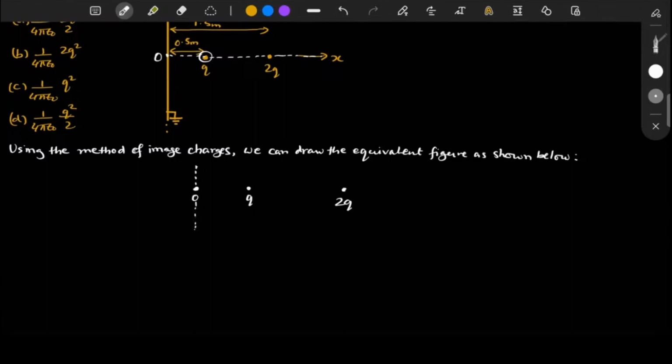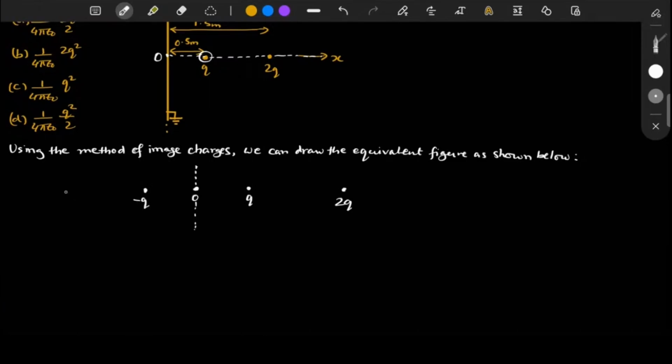So the method of image charges says that if you have the infinite grounded conducting plane, you simply reflect your charge configuration about the plane. So the plane is like the mirror plane that you have, and you simply reflect your charge configuration. So if we have Q over here, then we would have an image charge corresponding to Q as minus Q, exactly at the same distance but behind the conducting plane.